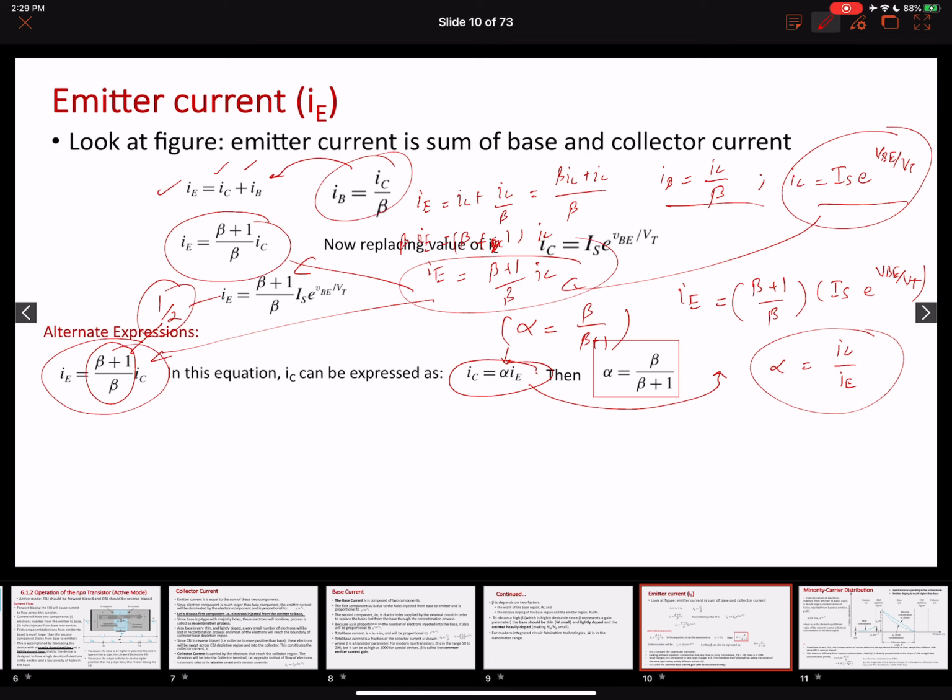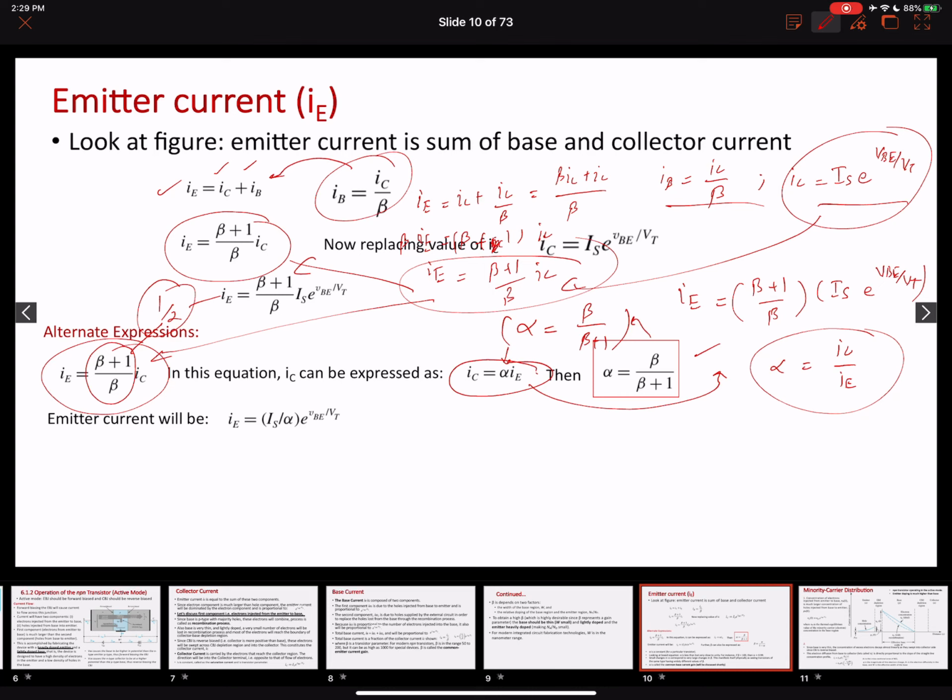So if we have a common base between the input and the output, our alpha can be known as a common base current gain. And again, this will be much more clear shortly, right? So here's an alternative expression of the alpha: alpha equals beta over beta plus 1. We also derived it over here.